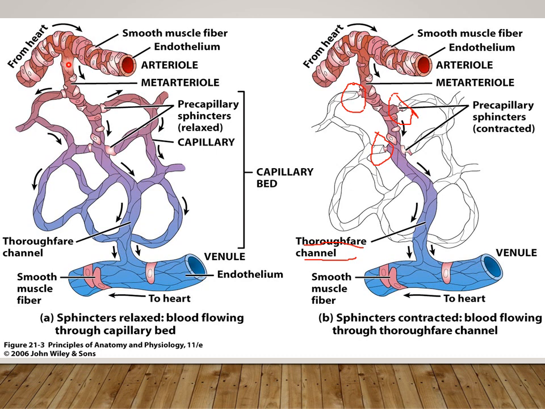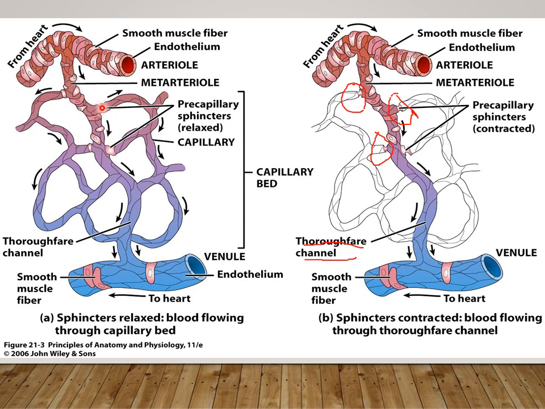This arteriole is now branching into the terminal arteriole, which is also known as the metarteriole. The terminal arteriole, or metarteriole, is the branch from the arteriole which has only a single layer of smooth muscle, or a discontinuous layer of smooth muscle in the tunica media.